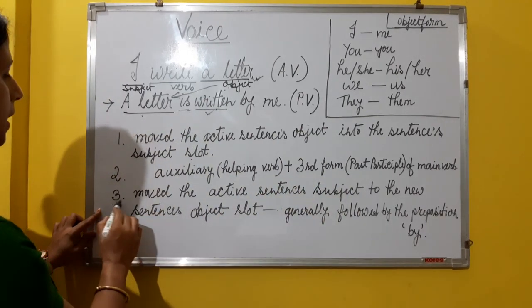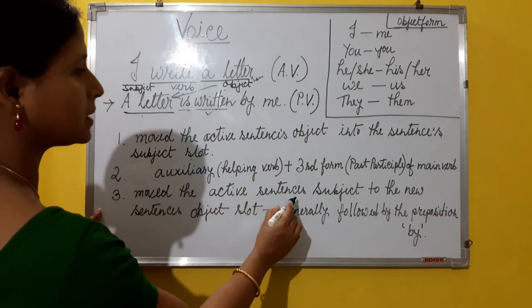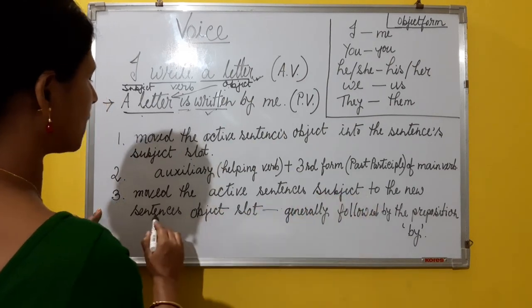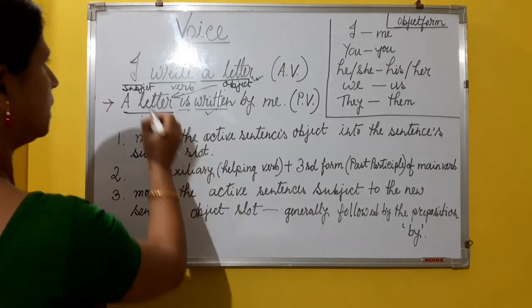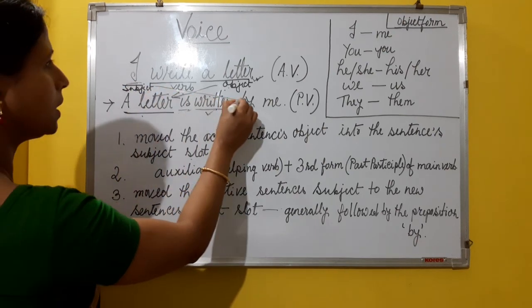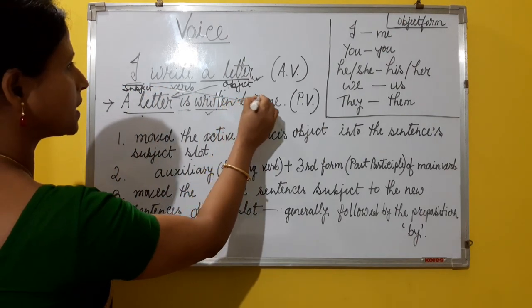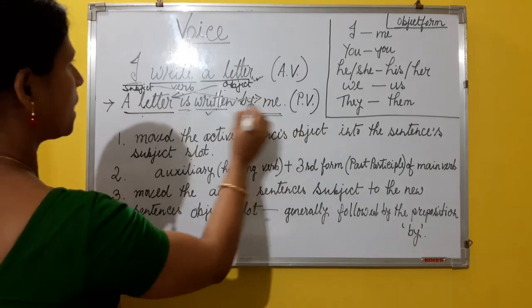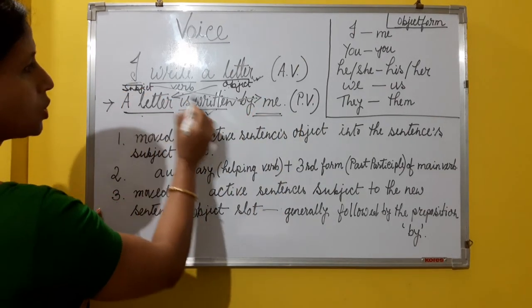And thirdly, we moved the active sentence's subject to the new sentence's object slot. The subject of the active sentence is moved to the new sentence's object slot. Here I is changed to me.